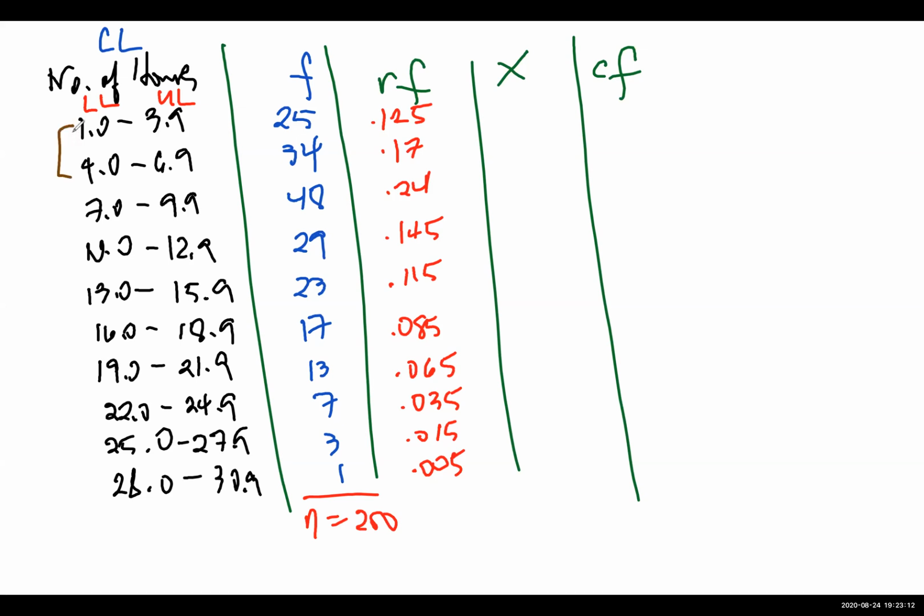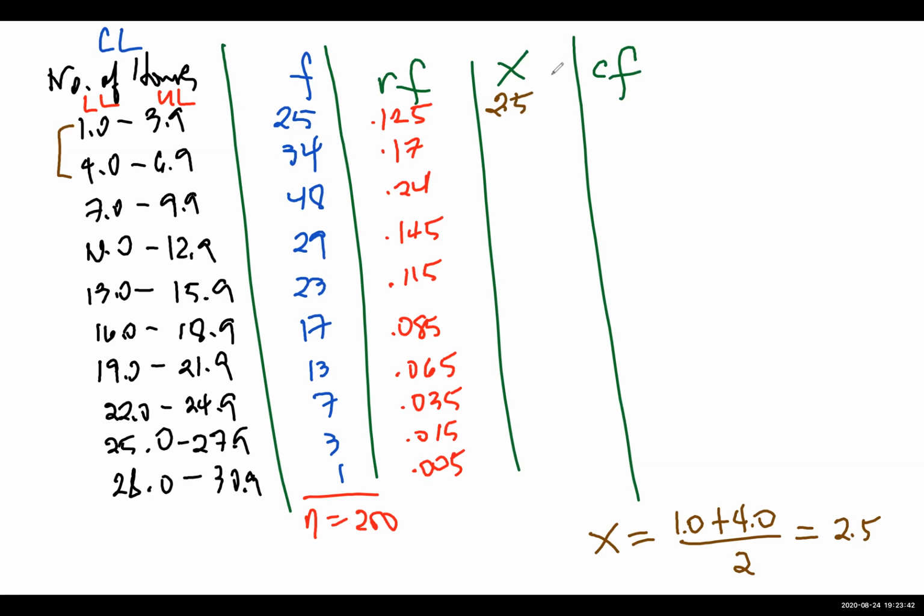So X is the class midpoint. 1.0 plus 4.0 divided by 2 is, what's the answer? 2.5. So that is your first class midpoint, 2.5.